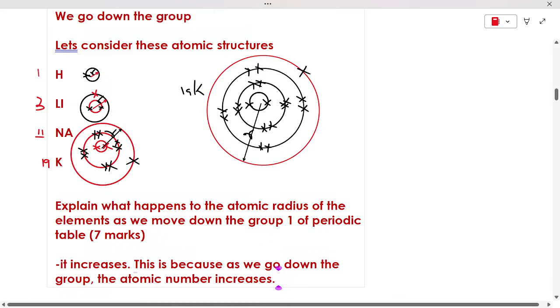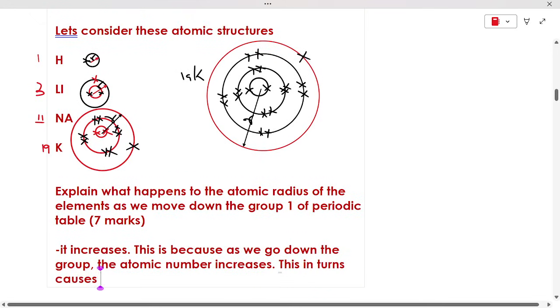Then because it increases, we draw more shells. So this in turn causes an increase in what? Number of shells, or energy levels, right? Yes.